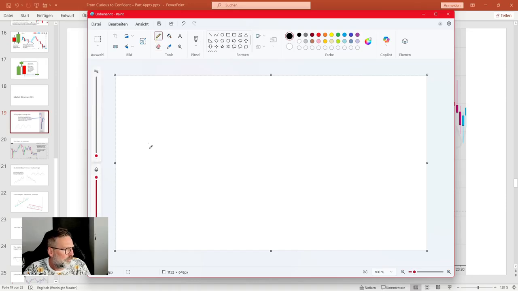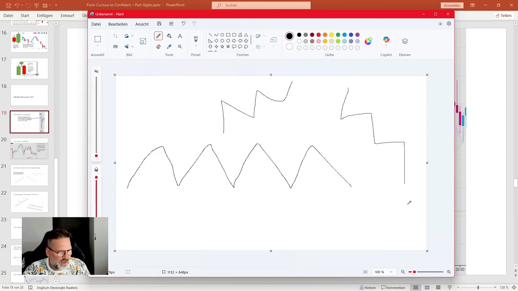Like so, sideways, or up or down. And all these little tops and bottoms, we call them swings or tops and bottoms.